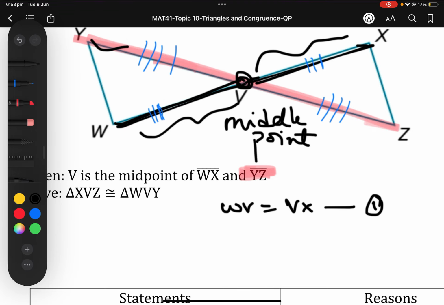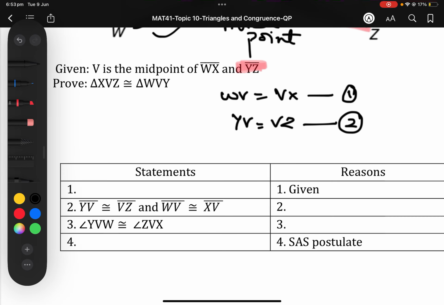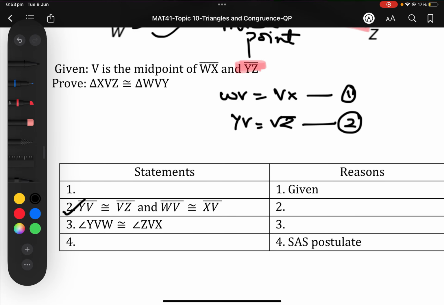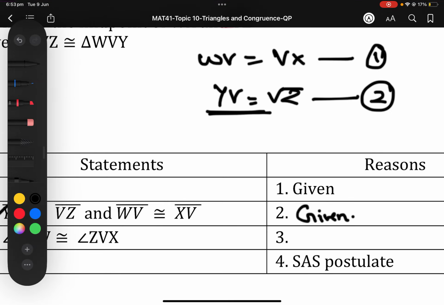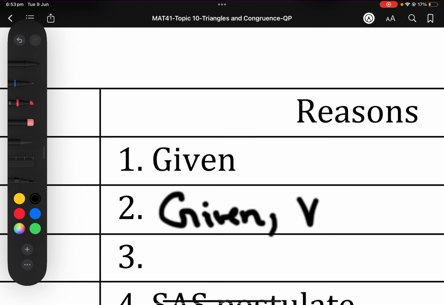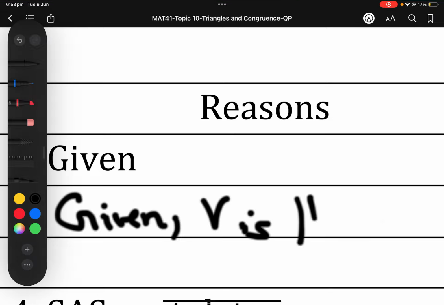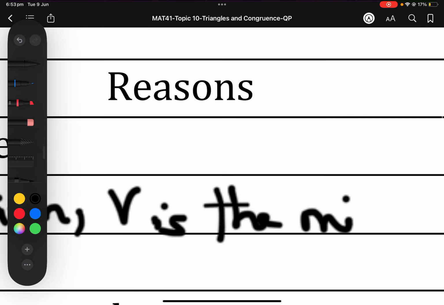The second is this side, which is YV, is equal to VZ. These are the two pieces of information given, and they have already written it here. YV and VZ, WV and VX are the same. This is given to me. Given V is the midpoint.